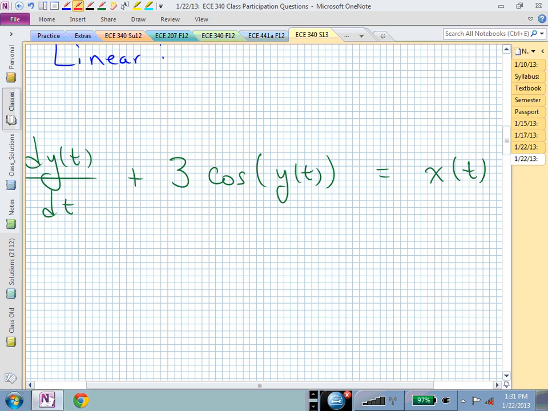Right now, I just want you to get comfortable with, is this system linear or not? We will specialize with linear. Yes, sir. Yes, so you can expand this. The question was, can you expand this cosine in a power series or some series expansion and throw away the nonlinear terms? Yes. But you may find that you have dy dt plus 3 equal x.